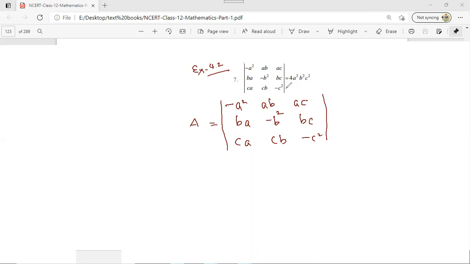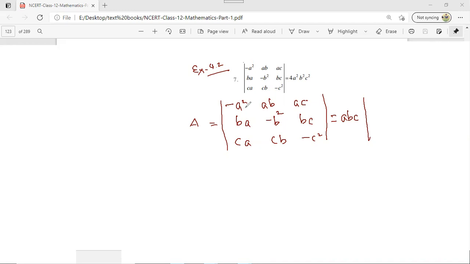Now you can see a is common in R1, b is common in R2 and c is common in R3. So we can take a, b, c common because we have to bring a square, b square, c square. So one a, b, c will come out.